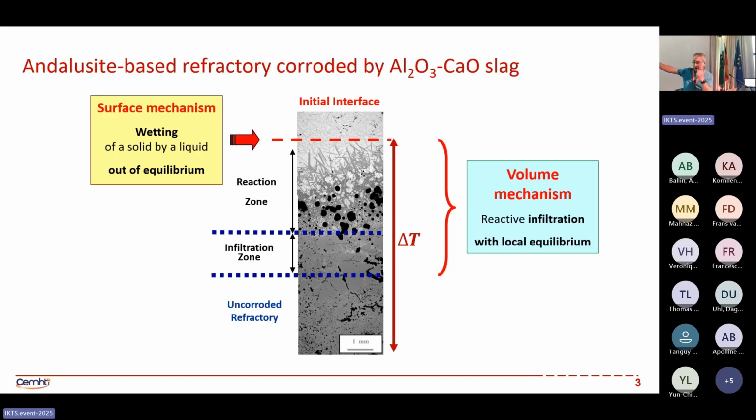Also, you have to keep in mind the temperature gradient inside the refractory, but there is something very strange in this state. Why is the reaction zone different from the infiltration zone? We can say it is due to the temperature gradient, the viscosity increase, etc. But nevertheless, imagine we are still at more than 1000 degrees, and there is no reaction in this part. Why? I will try to show you that it is also a problem of kinetics.